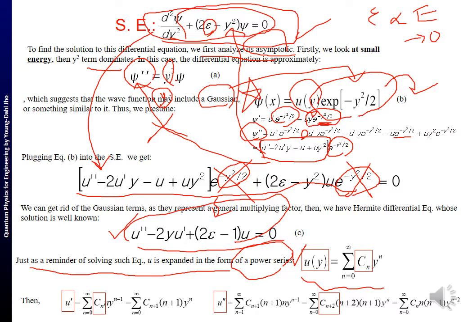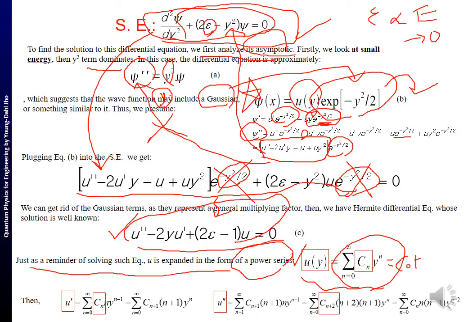So u is said to be a linear summation of Cn y to the n, a power series. So n is changing from 0, so we put 0 and then we have C0.